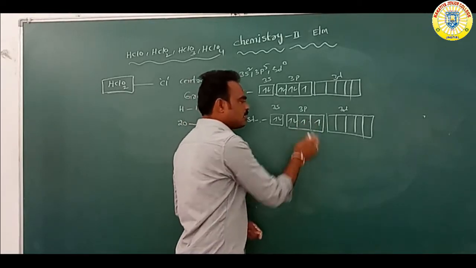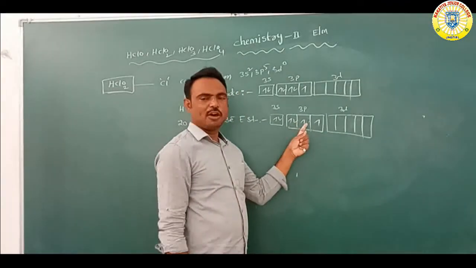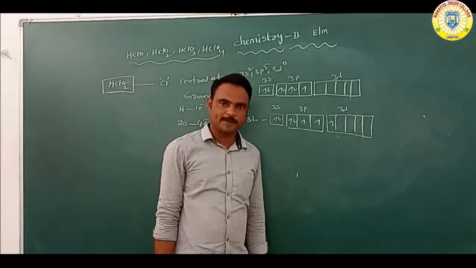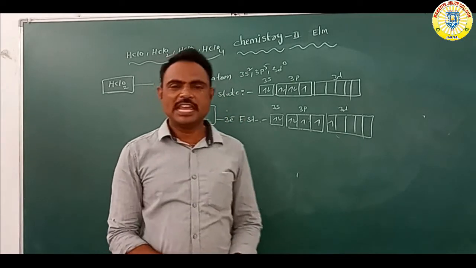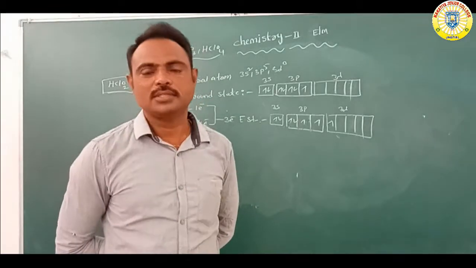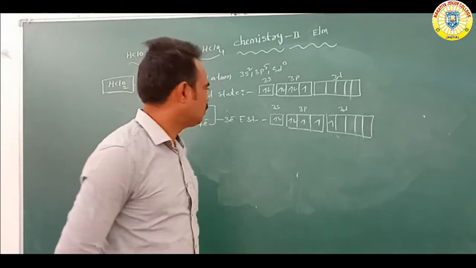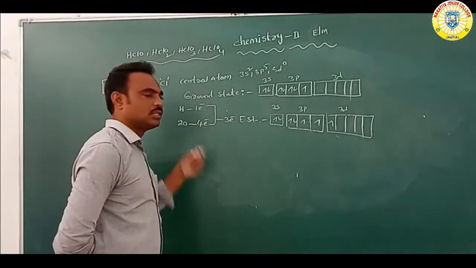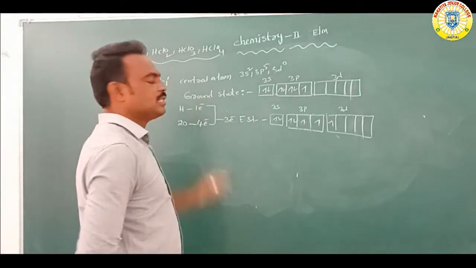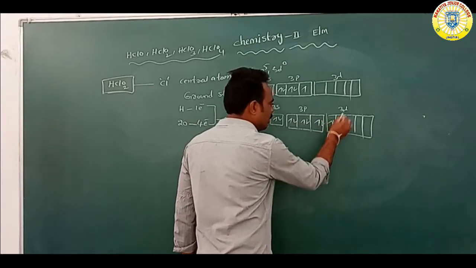In the first excited state, it contains 3 single electrons. These 3 single electrons bond with 3 single electrons of oxygen atoms to form HClO2.